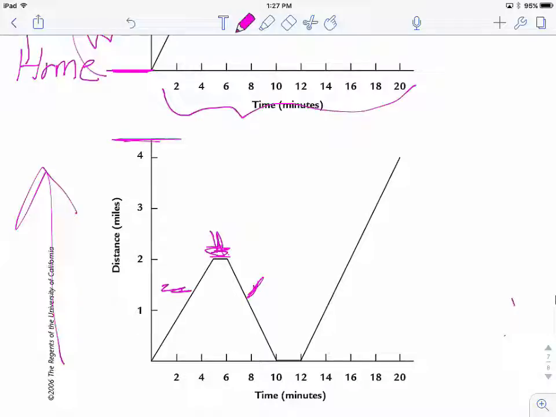How many of you agree this is the line? This line, so if we go down, it starts at 6, ends at 10. How many minutes is that? 4, and it went towards home. Okay? So we're going to label that A.